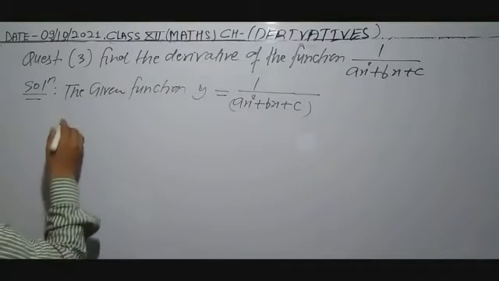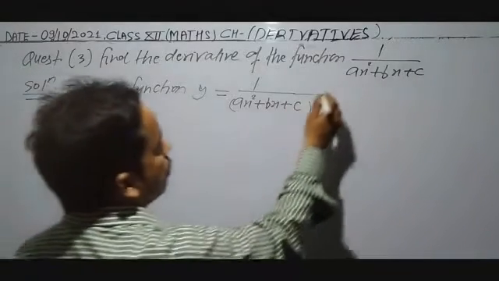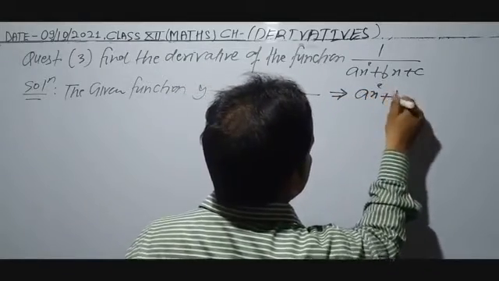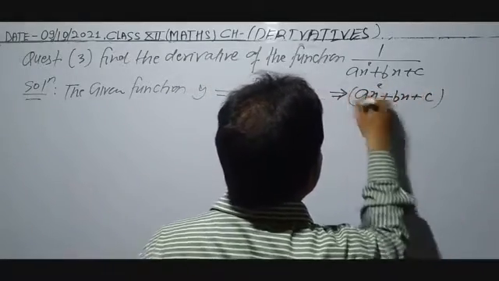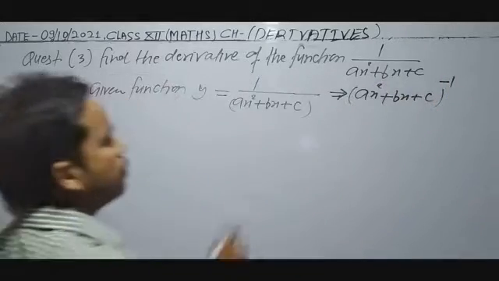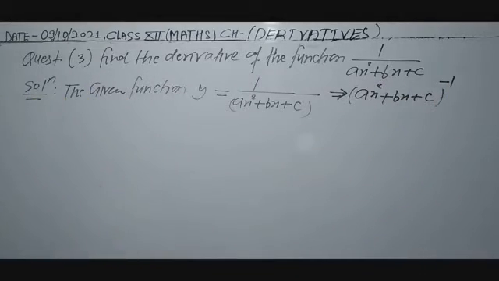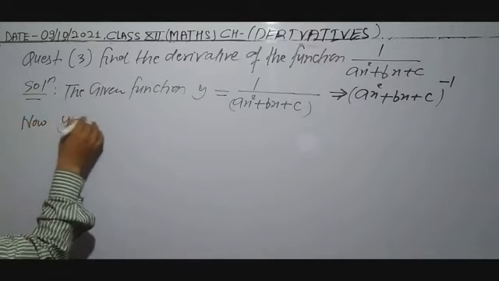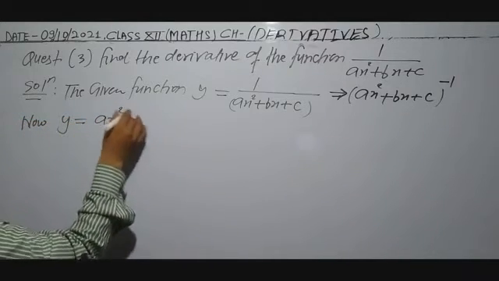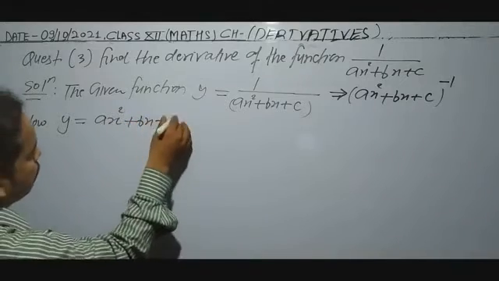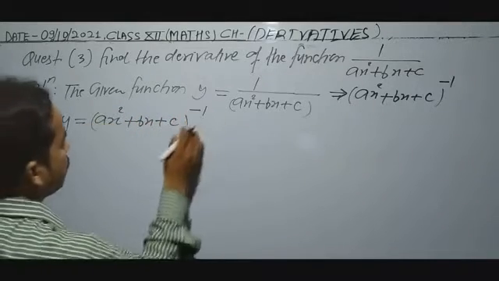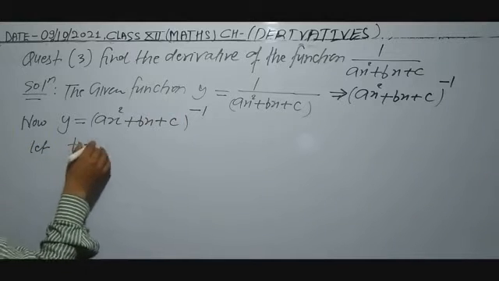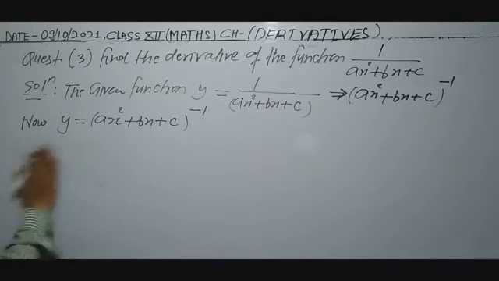Now this format we can also write as ax square plus bx plus c to the whole power minus 1. Now y is equal to ax square plus bx plus c to the power minus 1.